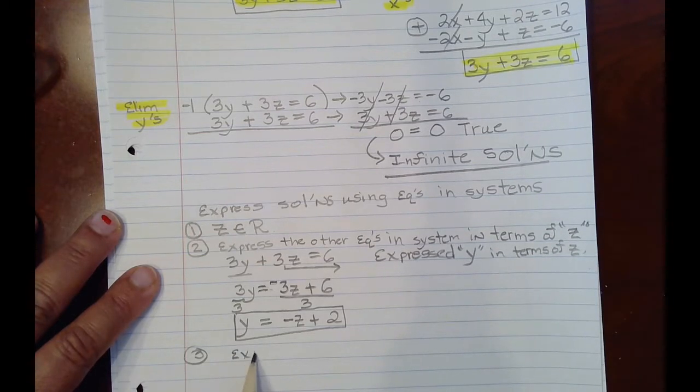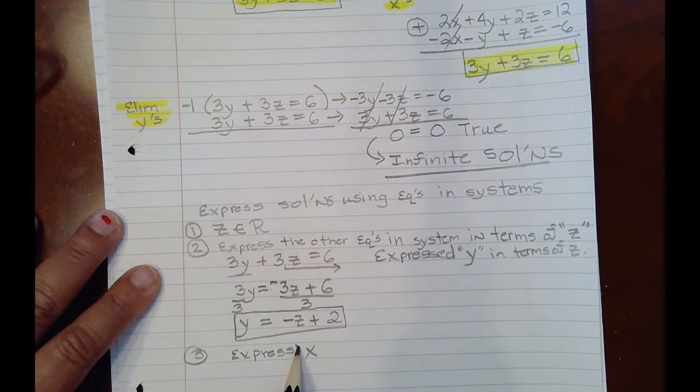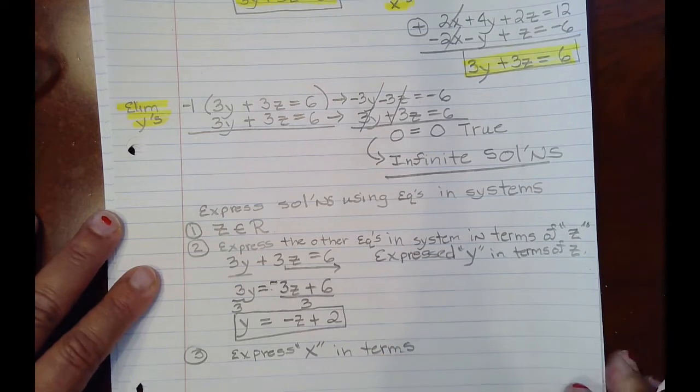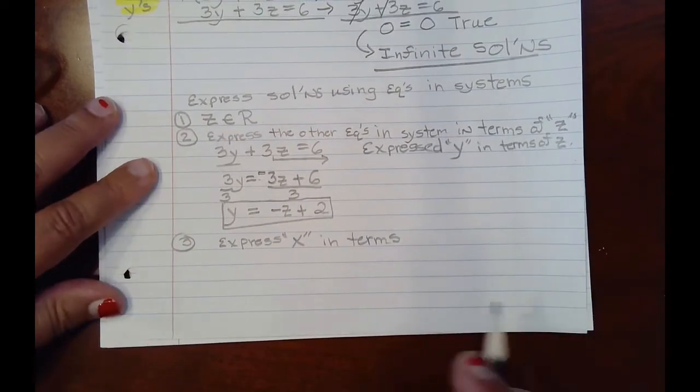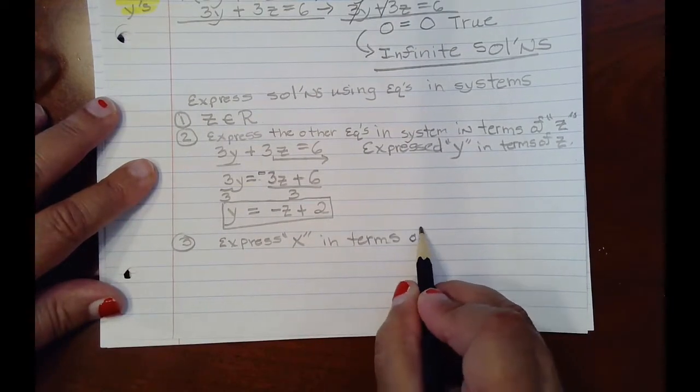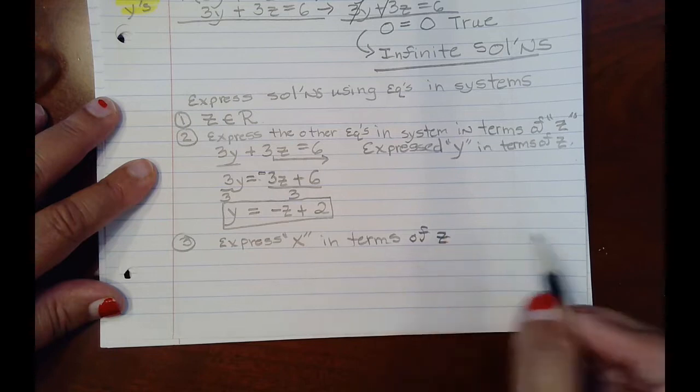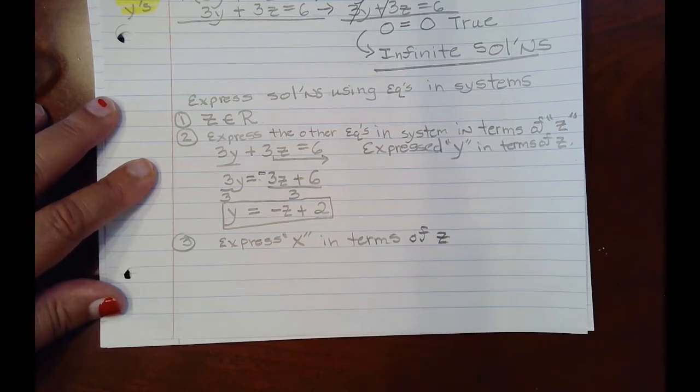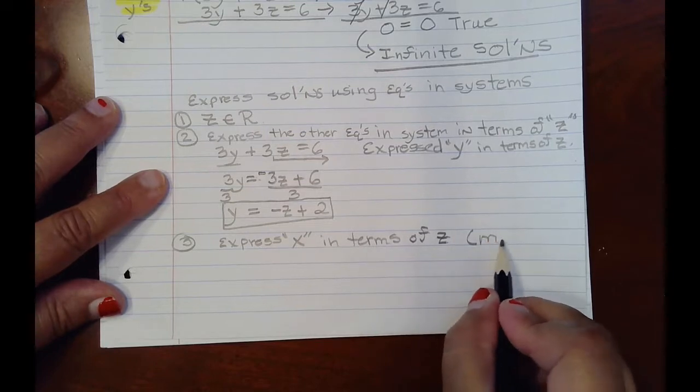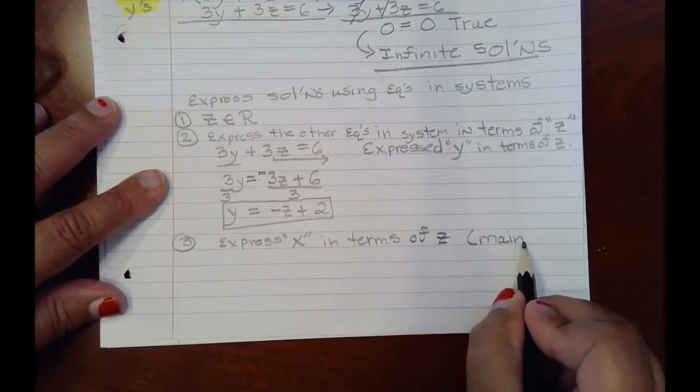Now we're going to express x in terms of z. This is only required when you have infinite solutions. Okay, so now what I need to do is go back to the main system because those are the ones that had x in it.